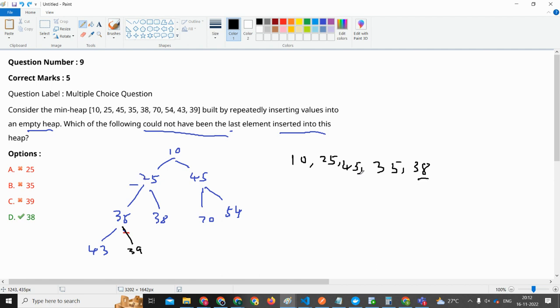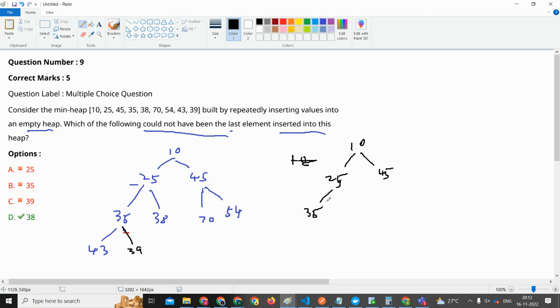Correct. If it was repeatedly built till now, you should not try to build it ascending wise. So we'll try to build from the start, Gokul, so that will be easy. Let's build 10 and 25 first. It's a min heap, right? And now 45. Then we go for 35, right?